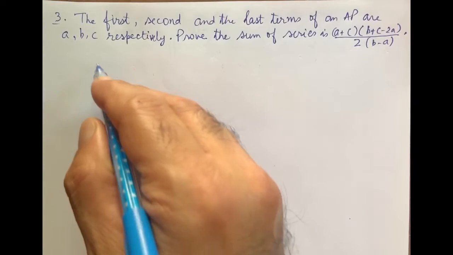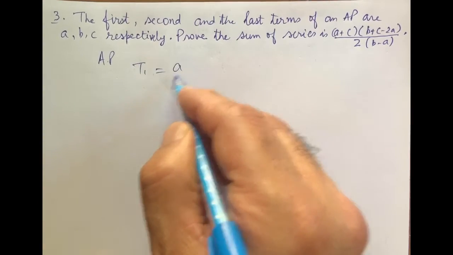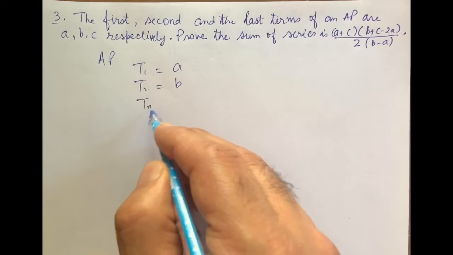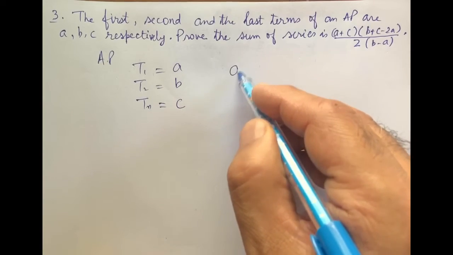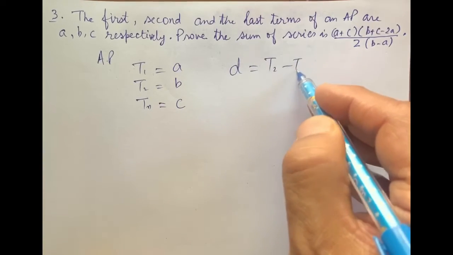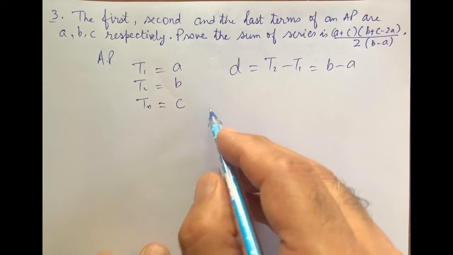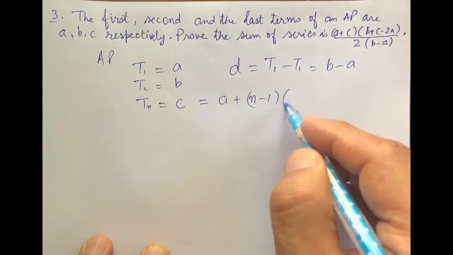Next one. We are given an AP in which the first term is a, second term is b, and let us say there are n terms, so the nth term is c. We can find the common difference as second term minus first term, or b minus a. The nth term is c, so this is first term plus (n minus 1) into common difference.